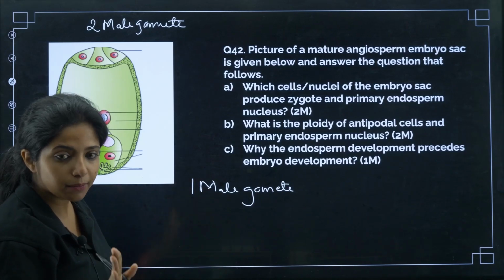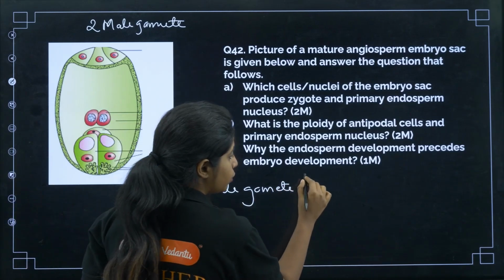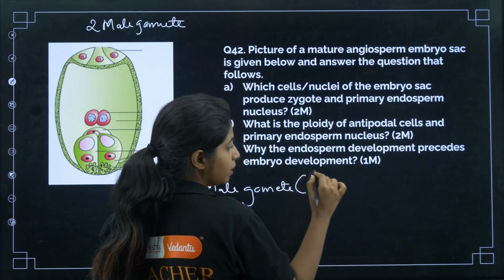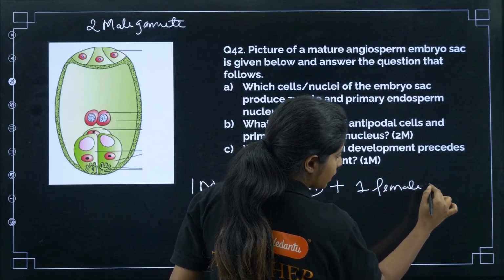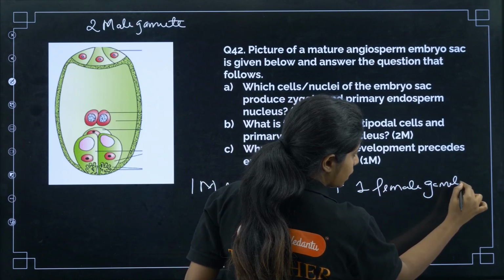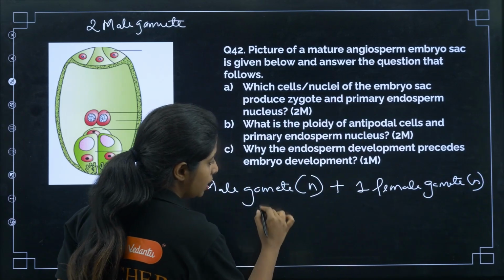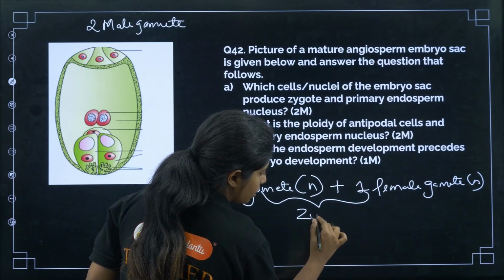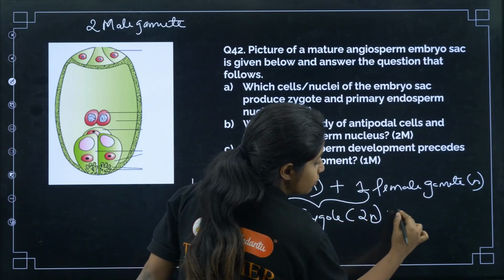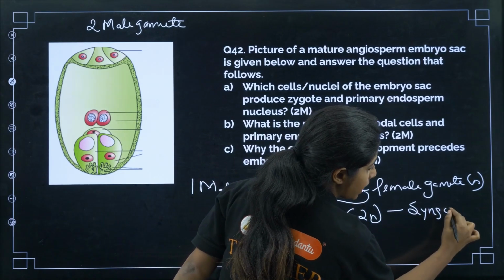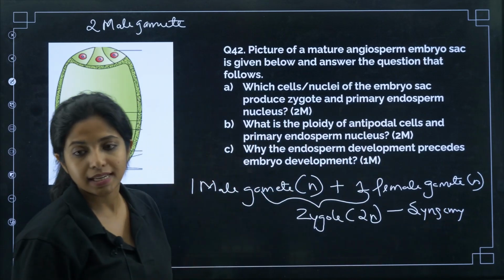It's a gamete, so a gamete always has half the number of chromosomes. So it is haploid. One male gamete fuses with one female gamete, that is the egg cell, which also has half, that is haploid. Together they give rise to the zygote. And n plus n comes together, it becomes diploid. This process is known as syngamy.